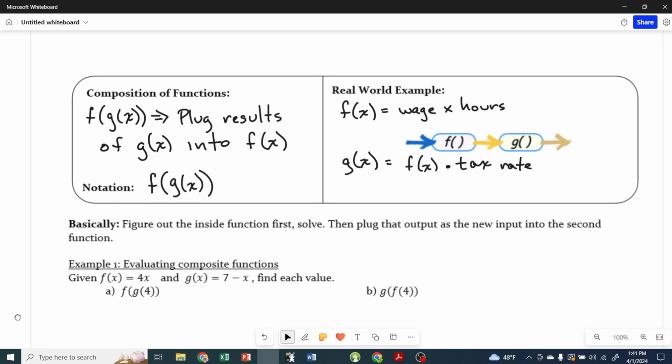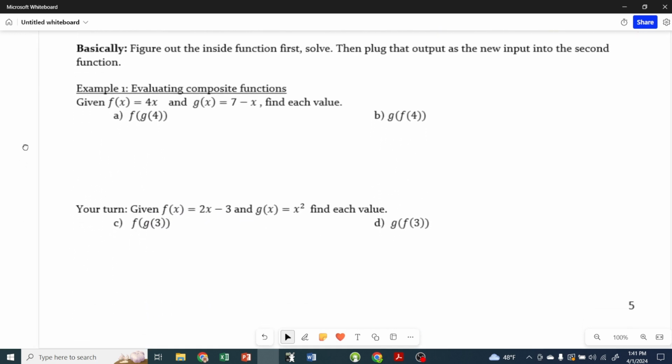All right, so the way we do this is we work from the inside out. You find the value of the most inner function inside the parentheses, and then the results of that go into the outer function. So in this case, we have f of x equals 4x, g of x equals 7 minus x. So first we're going to find g of 4.